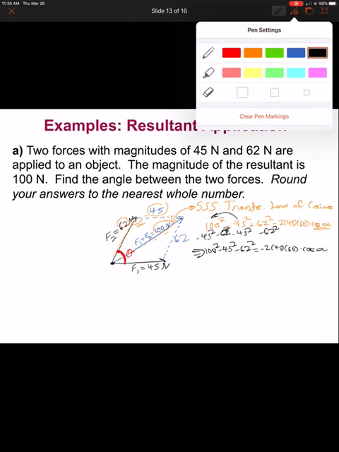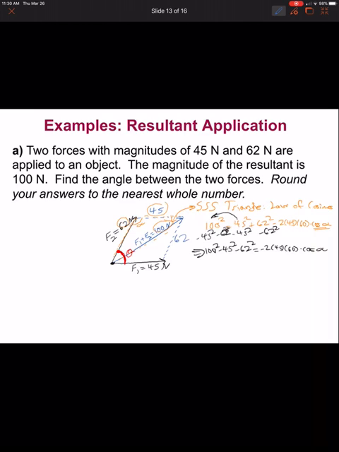I said 60 there, but it should be a 62, so let's change that. Then we're ready to divide out the coefficients.